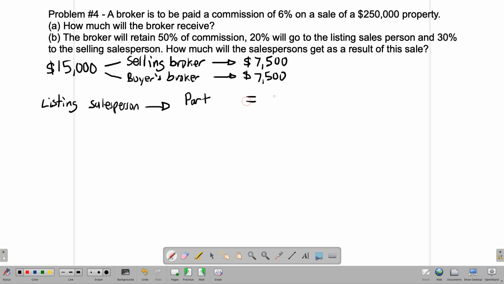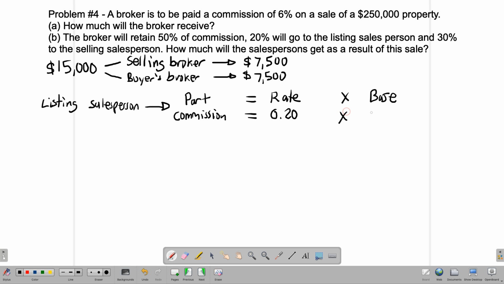Part equals rate times base. We want to find out the commission for the listing salesperson. In this case, the part represents the commission, and the rate is 20% for the listing salesperson.